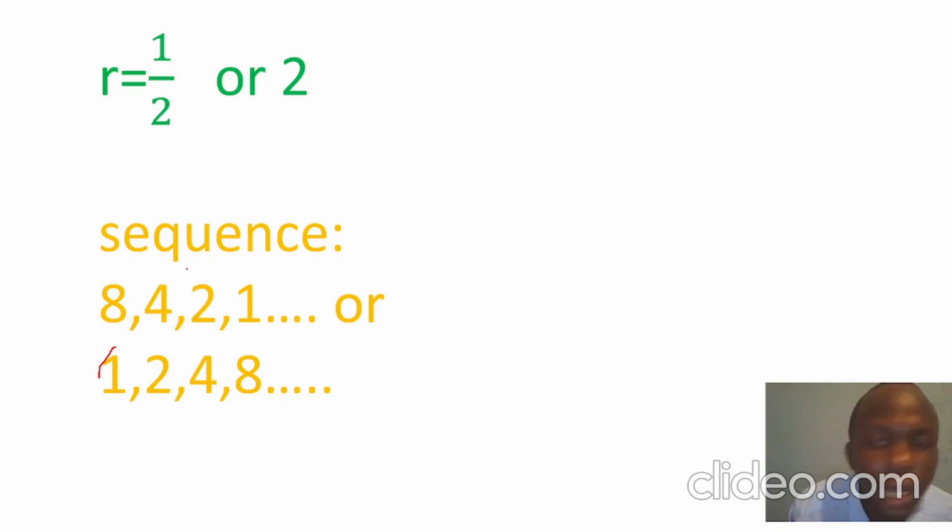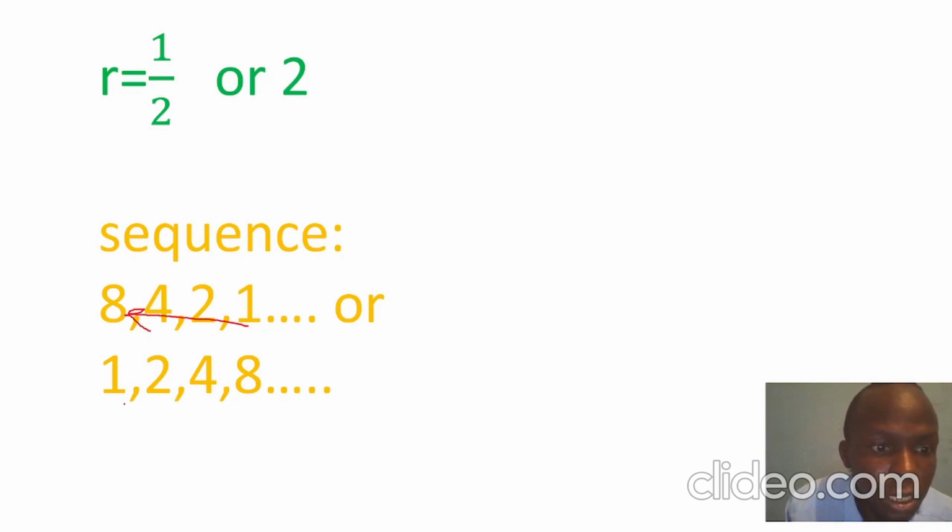We are going to apply the formula for getting a geometric progression, where the first term is 8. Now this sequence is in descending order.